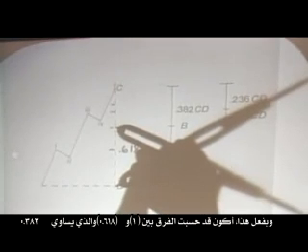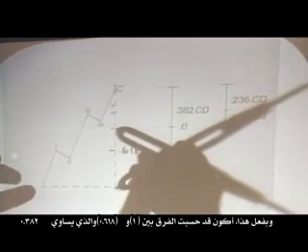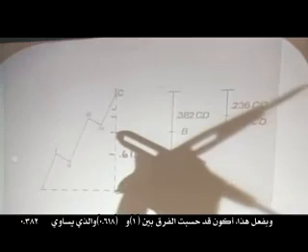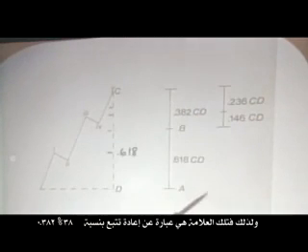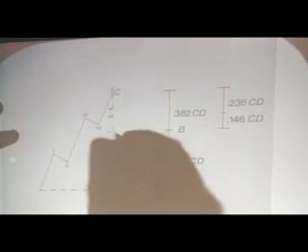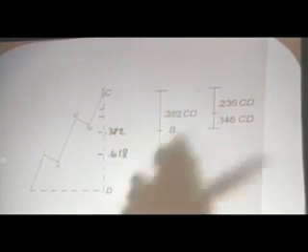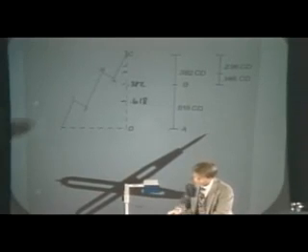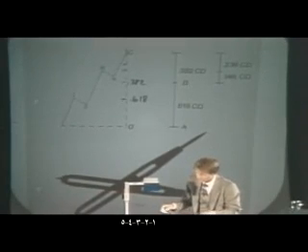And in doing so, I'm subtracting the difference between 1 and 0.618, which is 0.382. Therefore, that mark is a 38% retracement of the entire move.